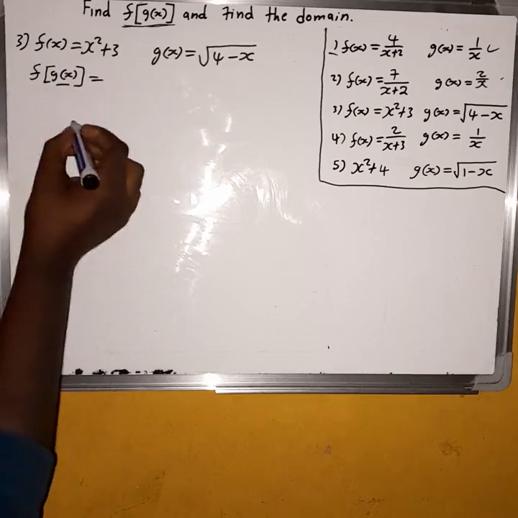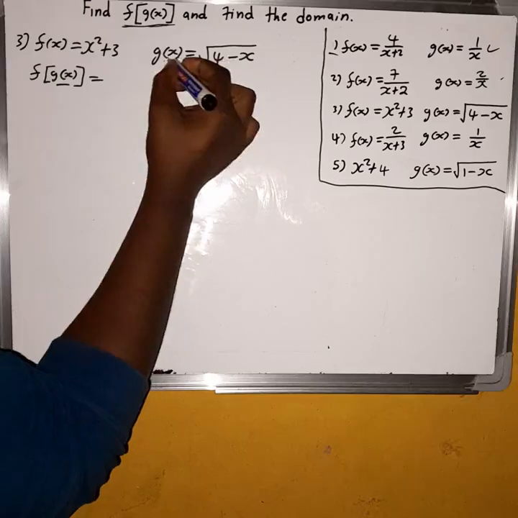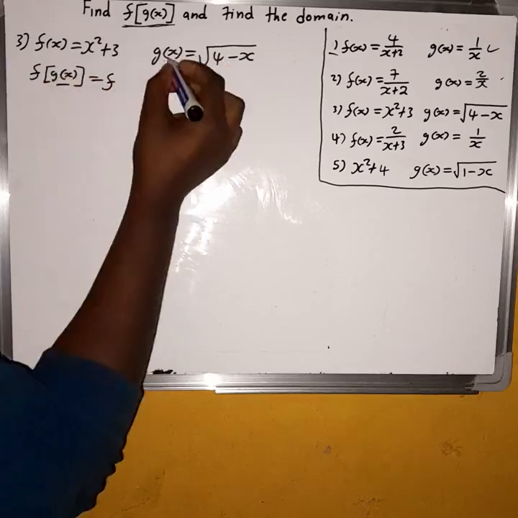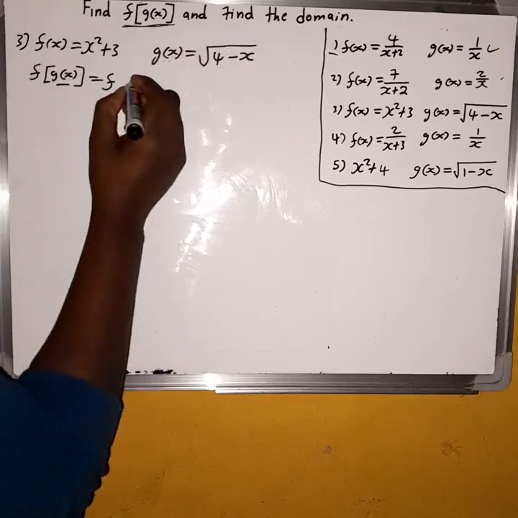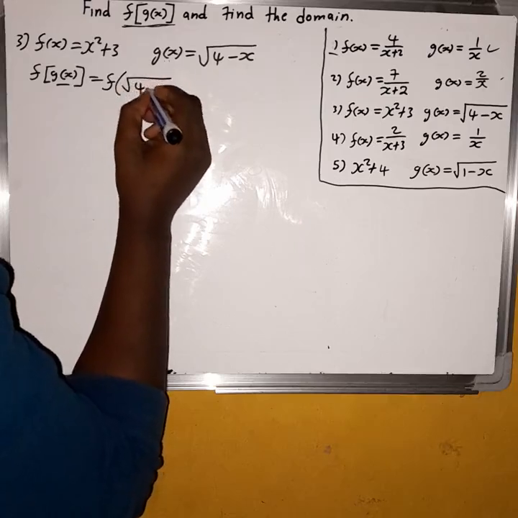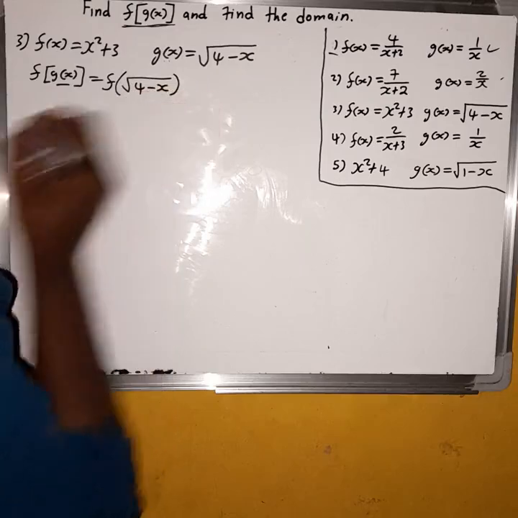And this is this, right? Then we'll have f, we replace g here, which is the square root of 4 minus x, right?